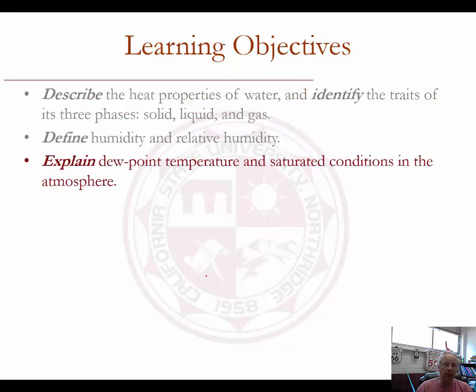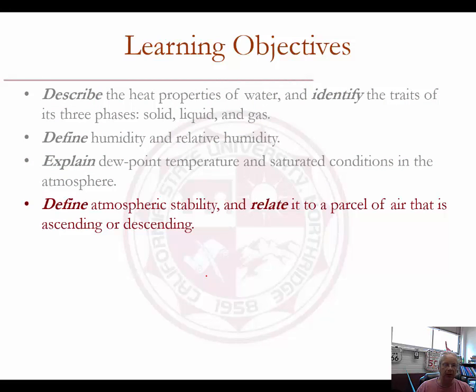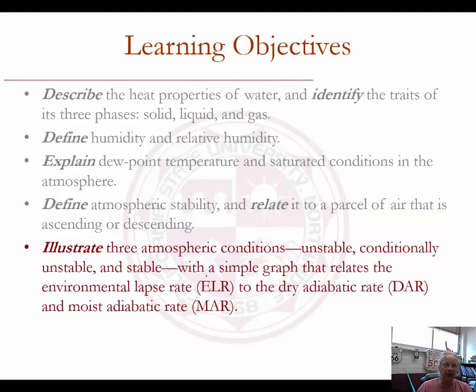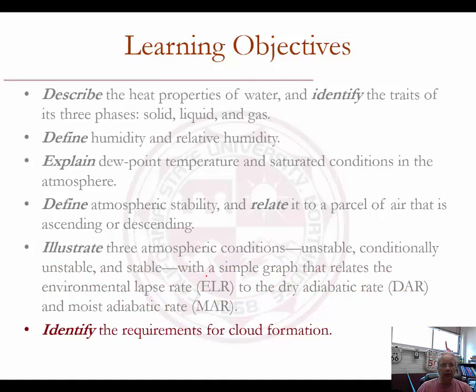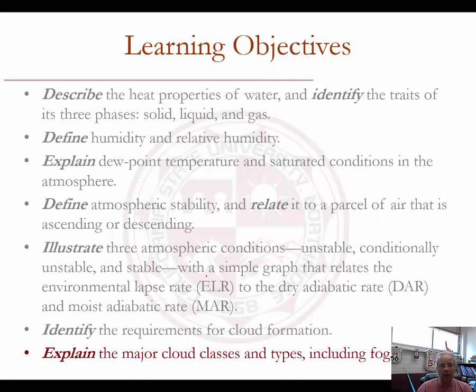You should be able to explain the dew point. And then later we'll talk about atmospheric stability, and then hopefully you'll understand how parcels of air change according to atmospheric conditions, and then identify some clouds and the way they get formed.